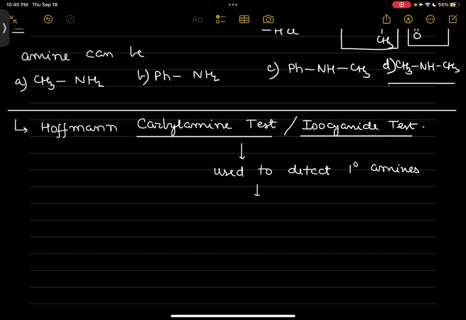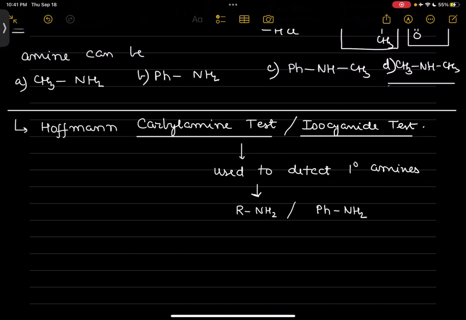So primary amines are detected, and what reaction does it involve?